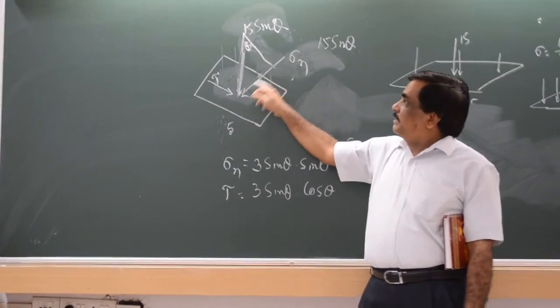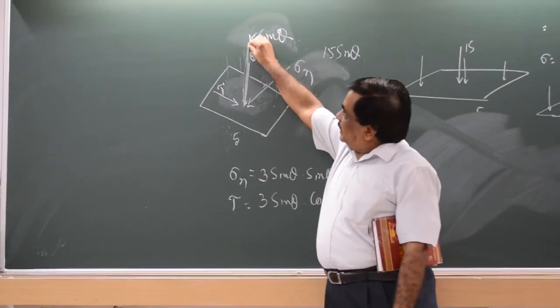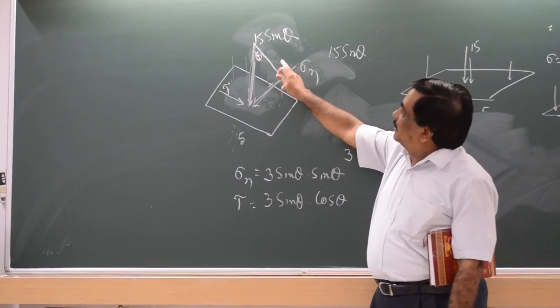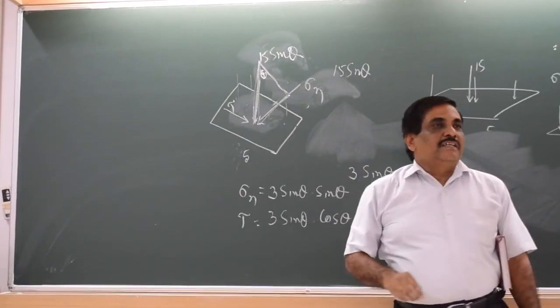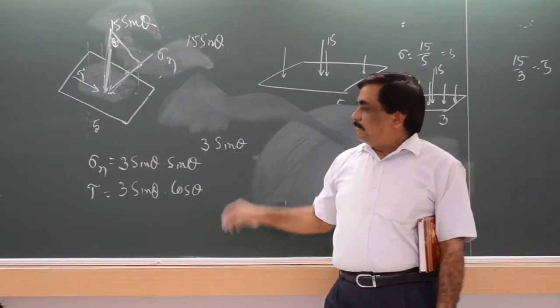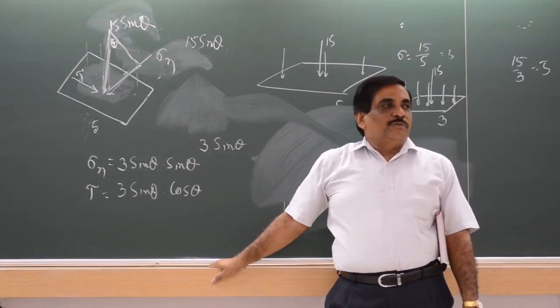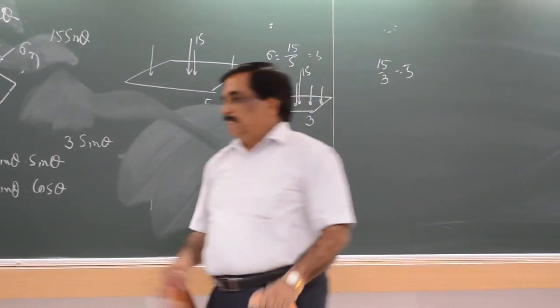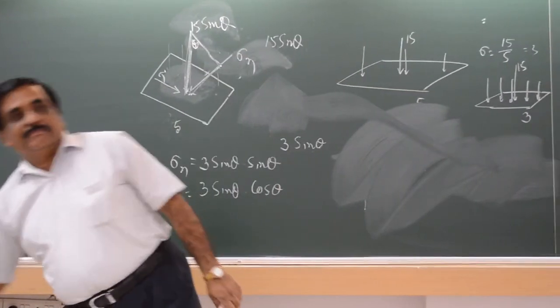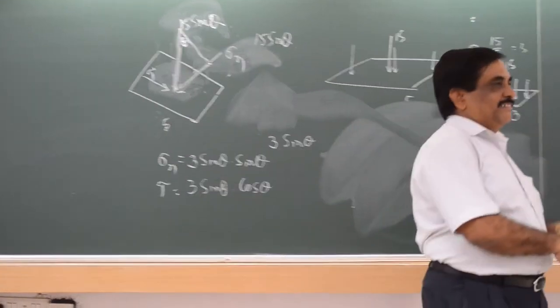So this will be 15 sin theta. Normal stress is 15 sin theta into sin theta. Shear stress will be 15 sin theta into cos theta. अभी समझा ना.